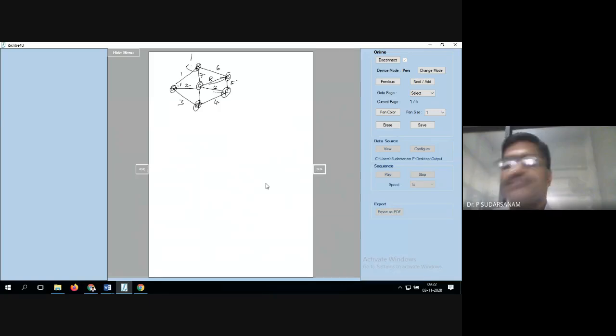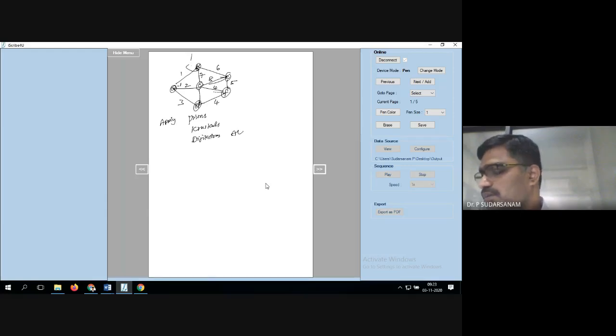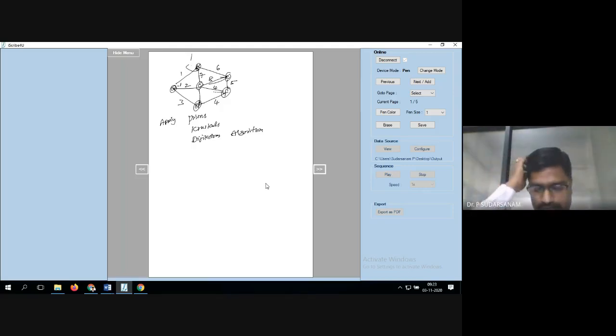This one is 4. Apply Prim's, Kruskal's, and Dijkstra's algorithm. Solve it, and you will be getting almost 20 marks if you solve this problem perfectly.